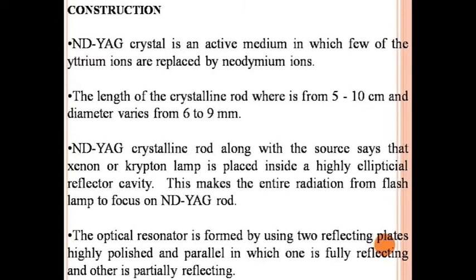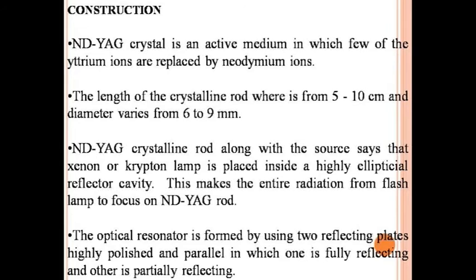The length of the crystalline rod varies from 5 to 10 centimeter and the diameter varies from 6 to 9 millimeter. The Nd:YAG crystalline rod along with the source, that is either a xenon or krypton flash tube, is placed inside a highly elliptical reflector cavity.